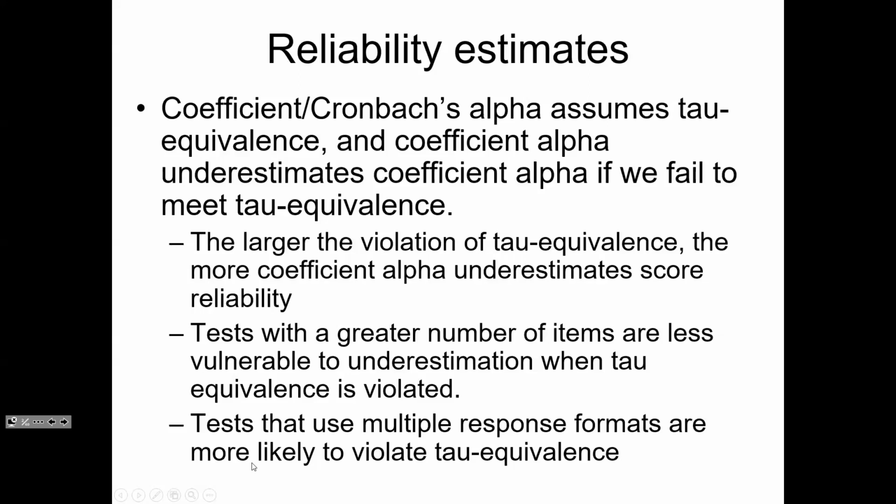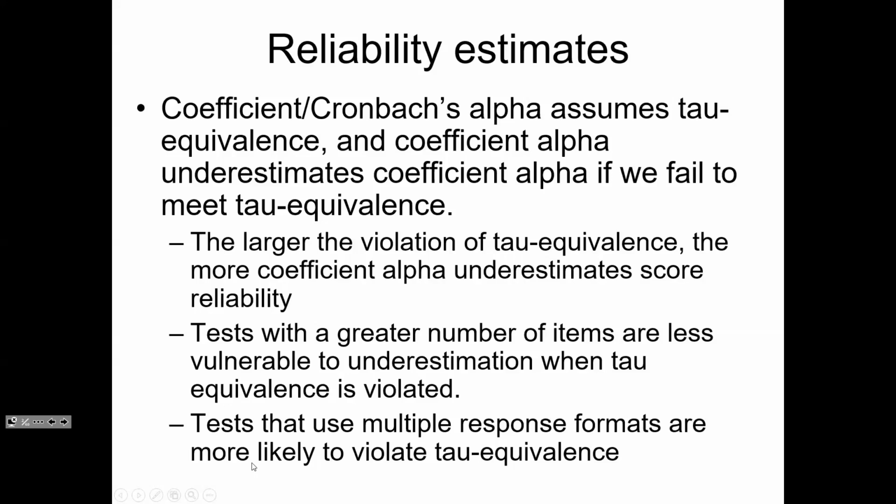Coefficient alpha, though, is easier to think about, because it's always easier to think in correlations than it is to think in variances and covariances. So even though we're going to do everything with Cronbach's alpha, let's start by thinking about coefficient alpha. What is coefficient alpha a function of?